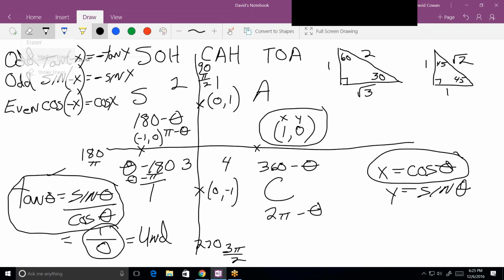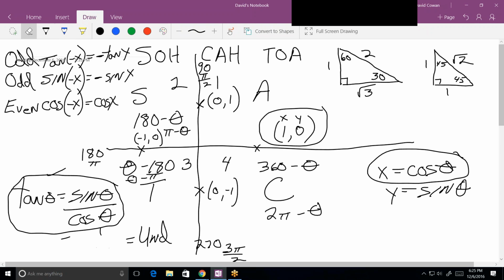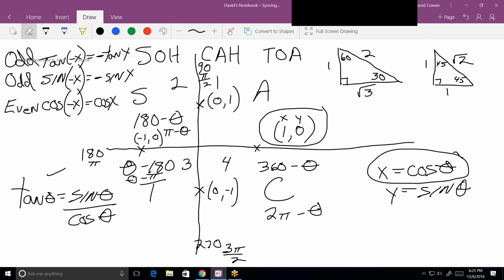All right. I think you're good to go, but you got to memorize this stuff. And by memorizing it, I mean being able to create it from your brain. In other words, if I presented you with a blank sheet of paper, could you draw these 2 triangles? Yeah.